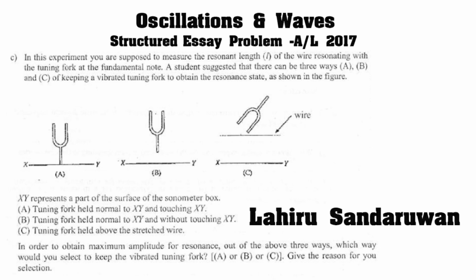In order to obtain maximum amplitude for resonance out of the above three ways, which way would you select to keep the vibrating tuning fork, A, B or C? Give a few reasons for your selection.